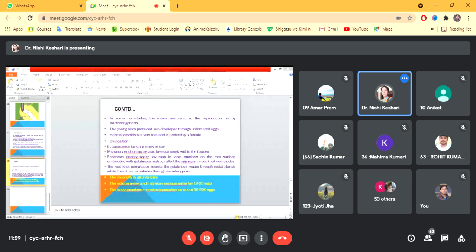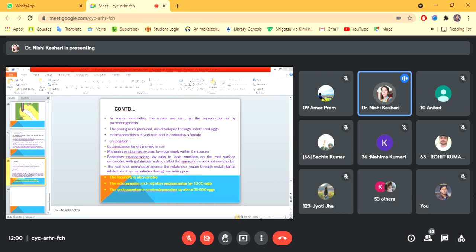The fecundity is also variable. Fecundity means the number of eggs a female nematode is capable of laying in a whole life cycle. The ectoparasites and migratory endoparasites, as I told you, lay very few eggs, that is 10 to 25 eggs.